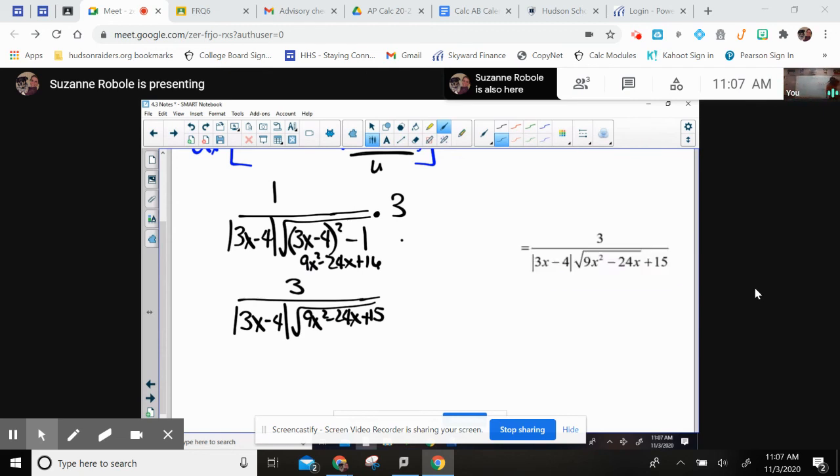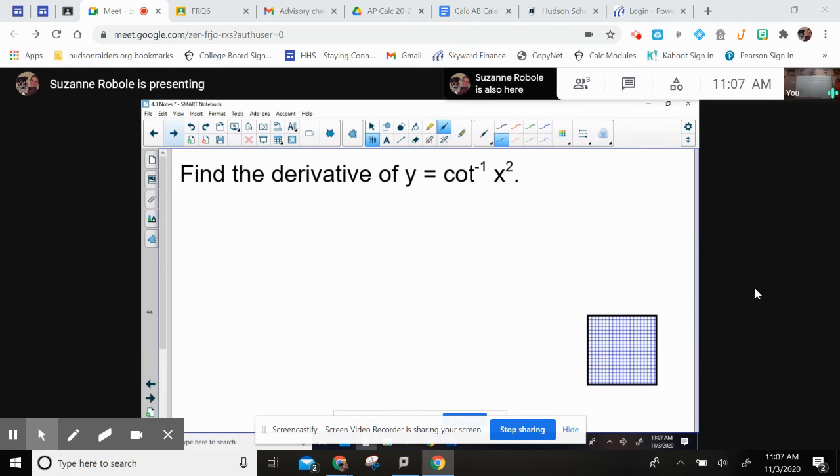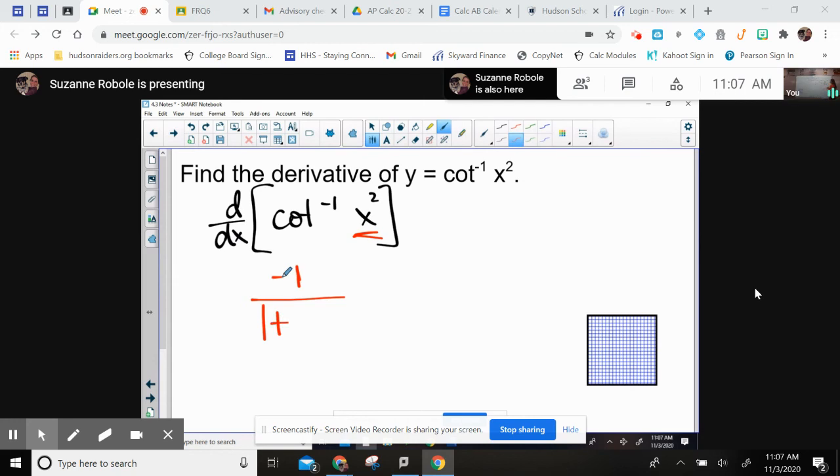Okay, and last problem. We are doing the derivative of this guy. And when we do that, this is going to be your u value. So again, I start with 1 over 1 plus, oh, it's negative because it's cotangent.